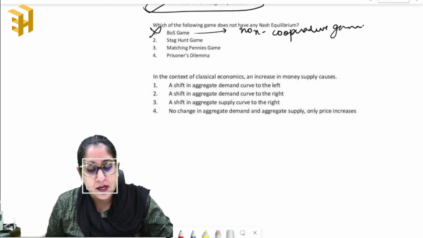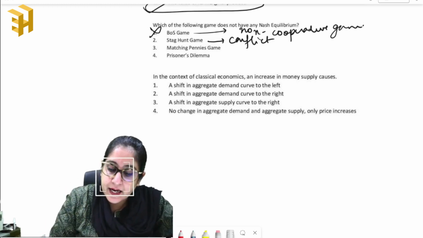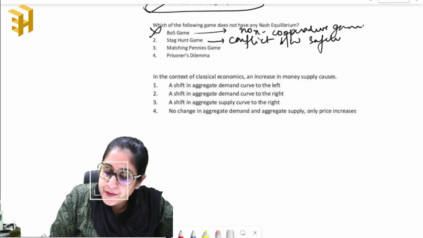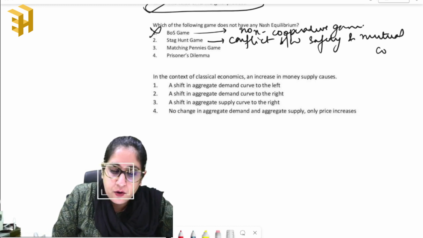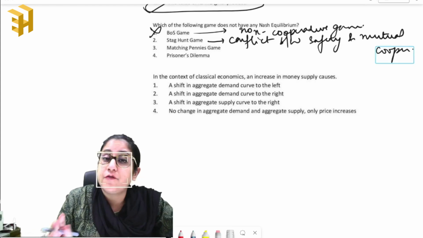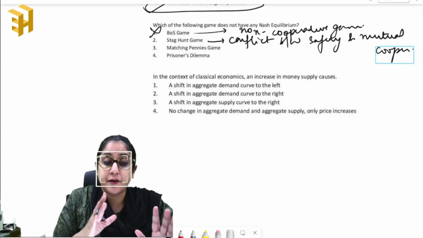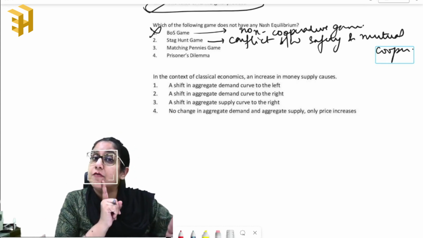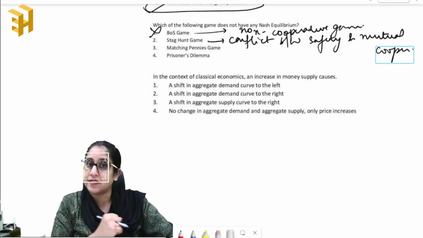Next is your stag hunt game. You can note down that it reflects the conflict between safety and mutual cooperation. The two parties want to go in for a high reward collaborative action, but there is a high risk involved, in the sense that what if the other party backs out?